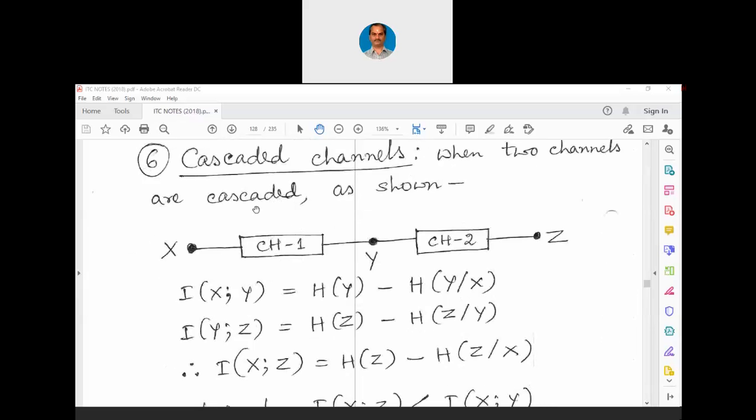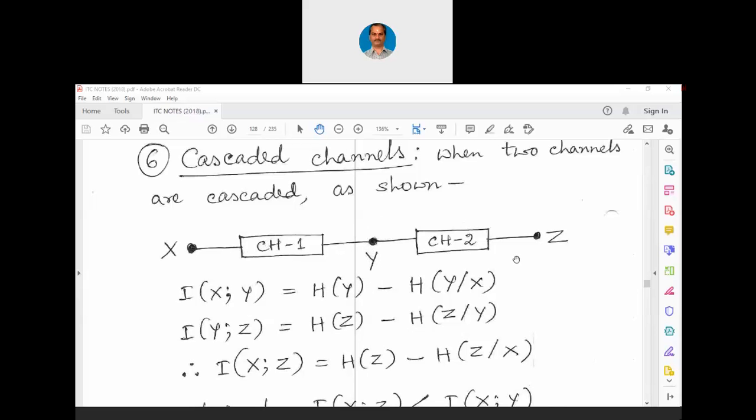We can have 2 channels cascaded like this. We can have source X, destination Z, in between one intermediate node called Y, or intermediate communication part which can be called as Y. Now this Y is the destination for X, but Y is the source for Z.